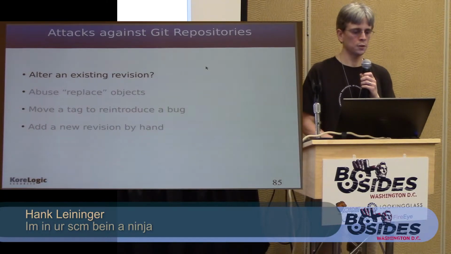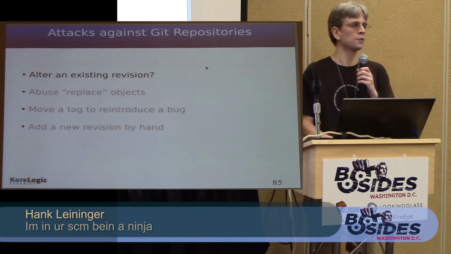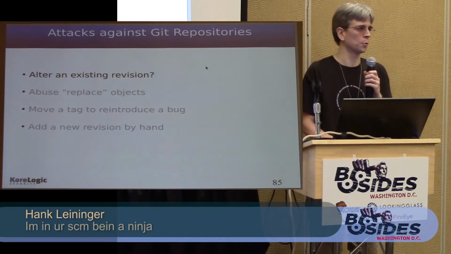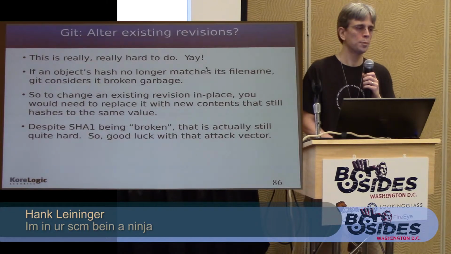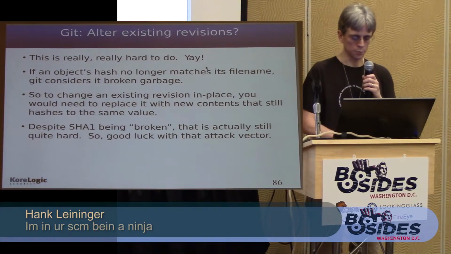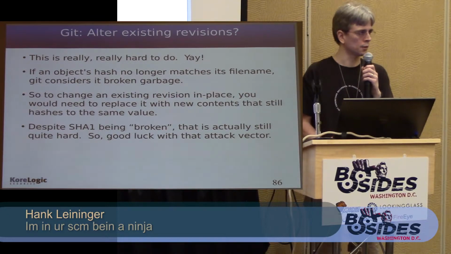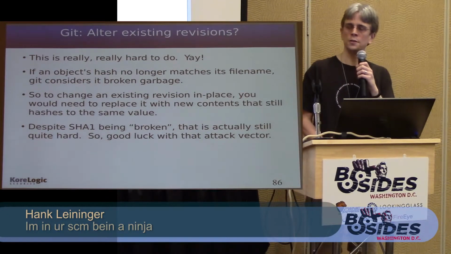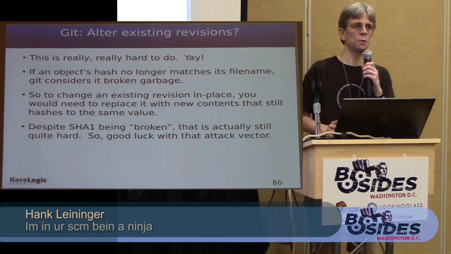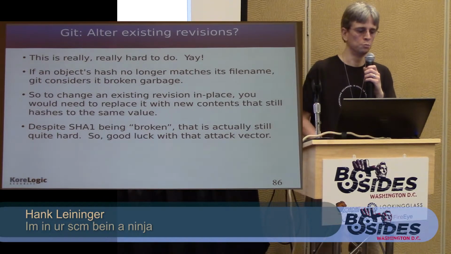So first question: since we had a lot of success in CVS and Subversion, can we rewrite an existing Git object, just scribble on it on disk and have interesting things happen? Basically, no. Because the objects are named after the checksum of their contents, changing the contents of an existing object without changing its name, for the most part, requires breaking SHA-1.